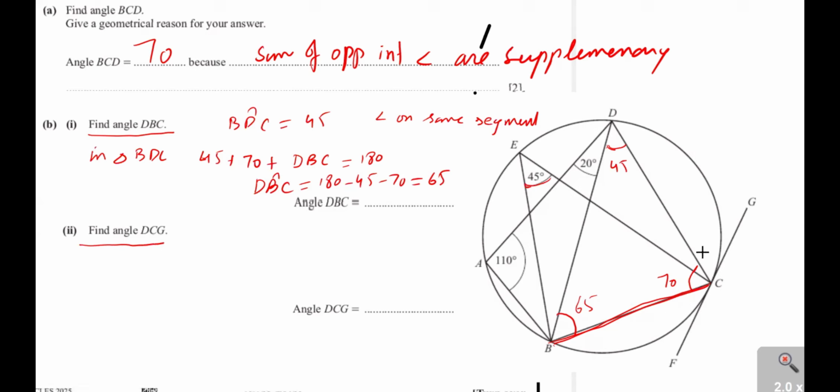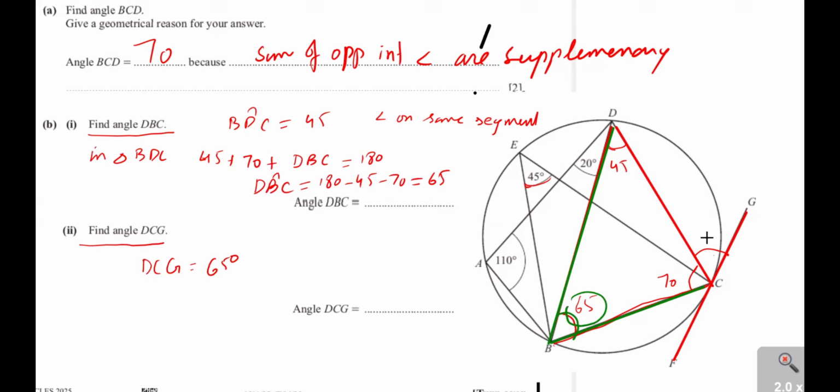Next is find the angle DCG. This angle, look here, DCG, and this angle DCG equal to 65 degrees, because the angles in the alternate segment are always equal. This is the tangent line, and the angle between chord and tangent, and the angle in the alternate segment, this is the alternate segment, this is 65 degrees.